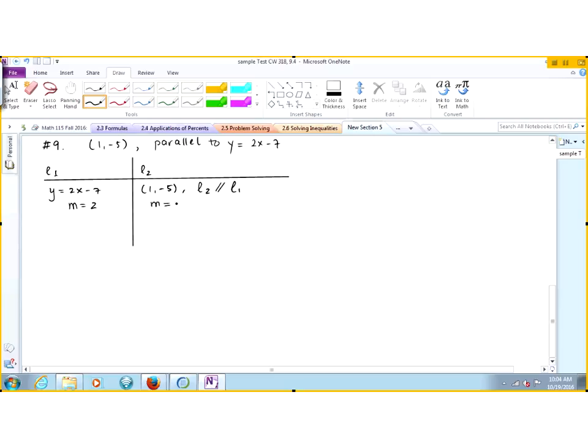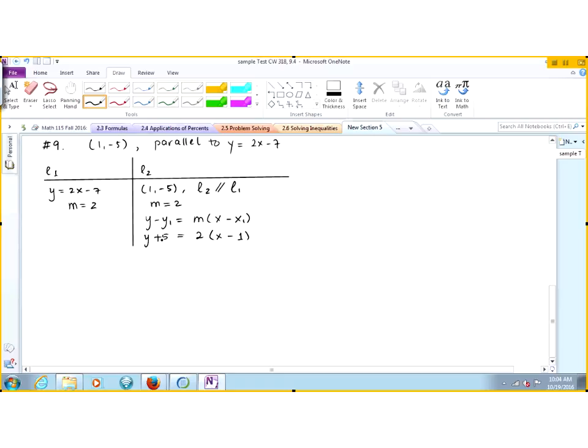The slope is 2. So what is the slope here? Okay, so what is your equation? Y minus y1 is equal to m times x minus x1. Remember that? Okay, so y minus y1, what is y1? Plus 5 is equal to 2x minus 1.